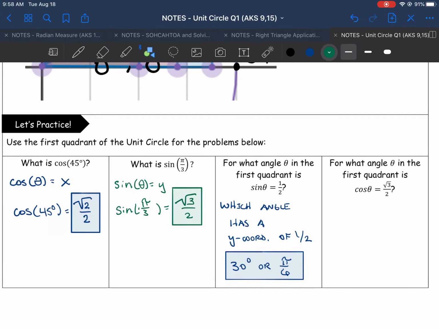Okay, and then in our last practice problem for these notes, we are asked for what angle theta in the first quadrant is the cosine of theta equal to square root of 3 over 2. So once again, let's go ahead and rewrite this question. This is really asking us, which angle has an x coordinate of square root of 3 over 2.